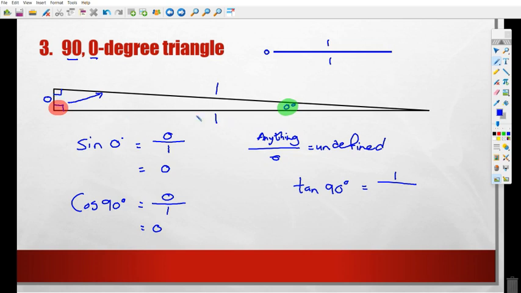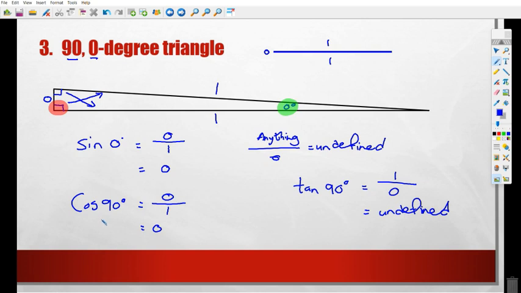Why is it not the 1? Because the 1 is the hypotenuse, right? The adjacent is always the one that is not the hypotenuse. So 0 over there. So tan of 90 is 1 over 0, and anything divided by 0 is undefined.